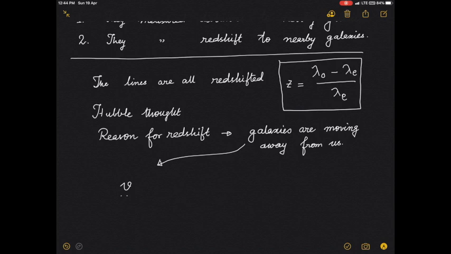and this velocity divided by the speed of light he interpreted as redshift. So if I know my redshift, I can get this velocity, just multiply z with c. Okay.